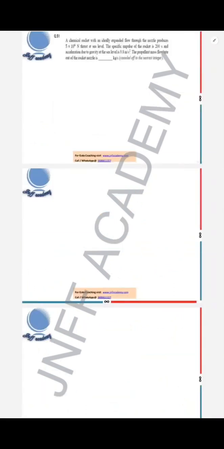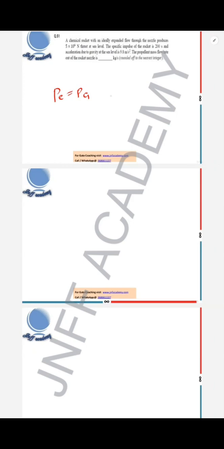Hello students, let us continue with the solution part of GATE Aerospace 2024 paper. As we were solving the jet propulsion part, this question is from the rocket propulsion, which says a chemical rocket nozzle is ideally expanded, which means P exit is equal to P ambient.